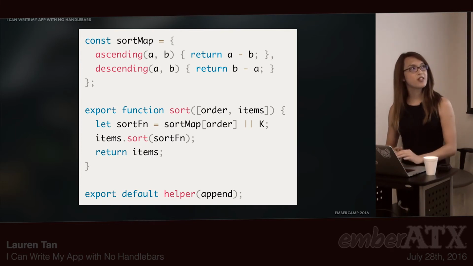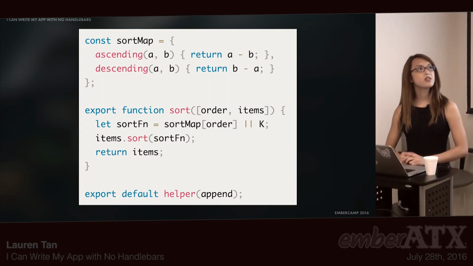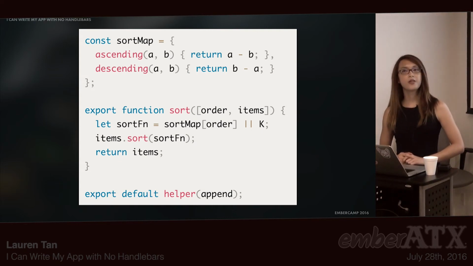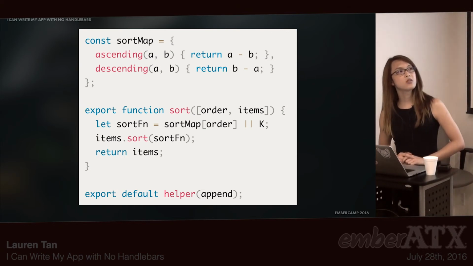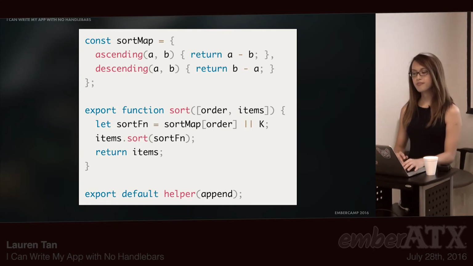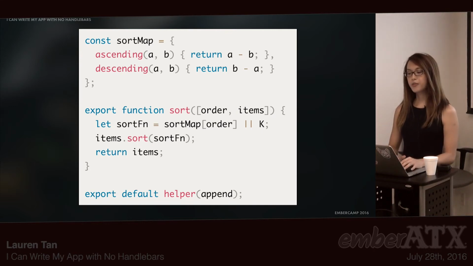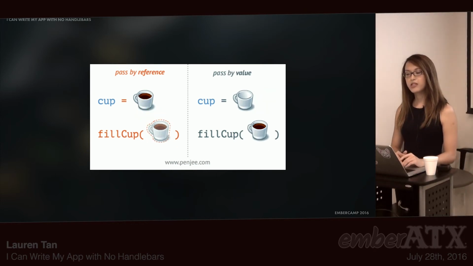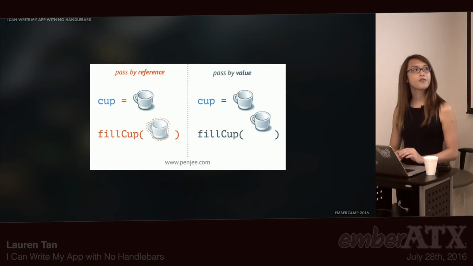So this looks like a fairly innocent sort helper where you pass in the order, ascending or descending, and an array of items to be sorted. And then we basically just use the sort method on that array and return the sorted array. So it looks fairly innocent, right? But what that means is when you modify that array in place, it actually modifies it for everyone else.